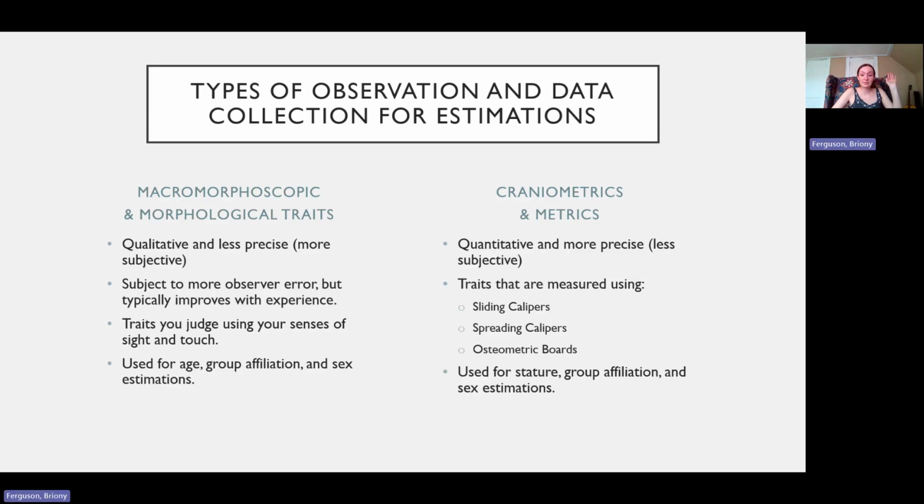Now, you can look at a set of remains and judge based off of just how overall large or small they look, that this person is tall or this person is short. But you can't actually give a definitive estimation for them being 6'2" or 5'3".